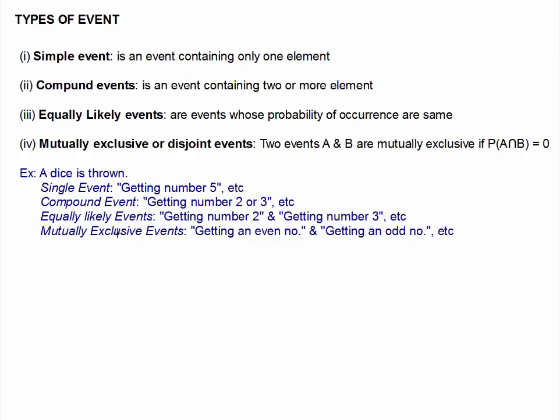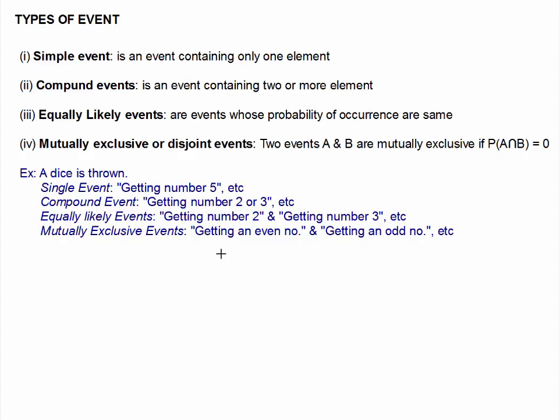An example of equally likely events is getting a number 2 and getting a number 3, because probability of getting a number 2 is 1 by 6 and probability of getting a number 3 is also 1 by 6, meaning these are equally probable events or equally likely events.